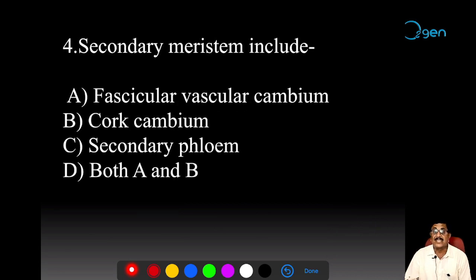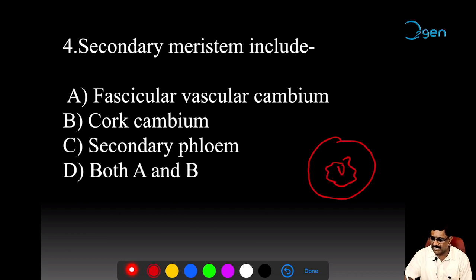Next question is, the secondary meristem includes: fascicular vascular cambium, cork cambium, secondary phloem, both A and B. In the secondary growth we have studied, it takes place in two regions: one inside the vascular bundle, the fascicular vascular cambium, and the second in the cortical region, the cork cambium.